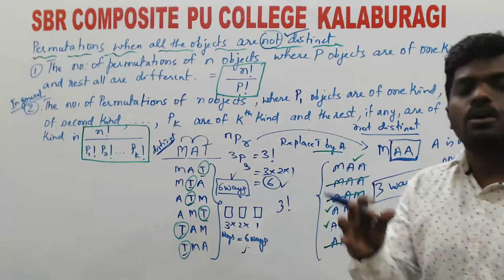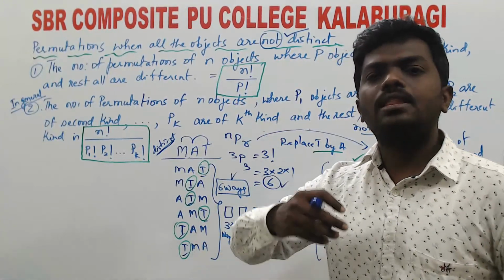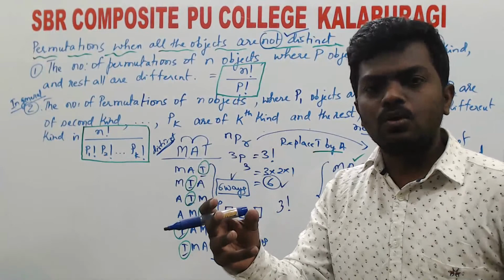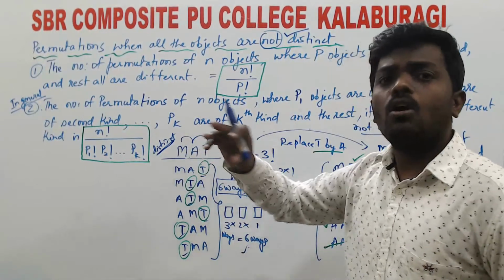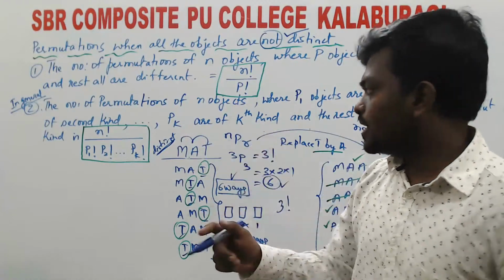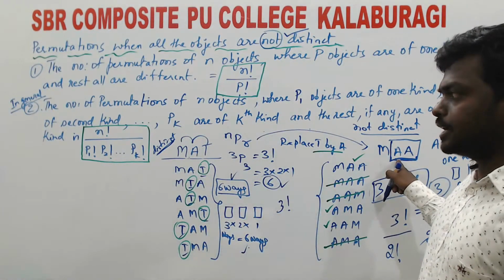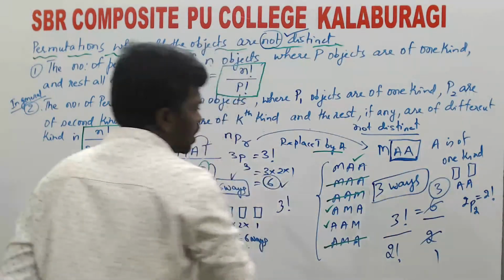So whenever they give you some words or some numbers, you have to carefully check whether they are distinct objects or not distinct objects. If distinct objects, you know how to solve it.